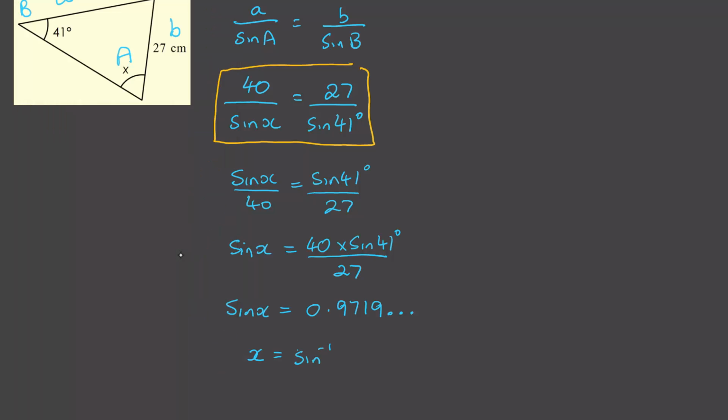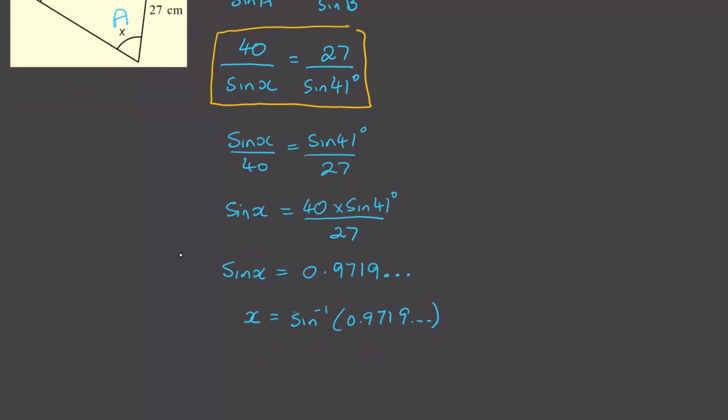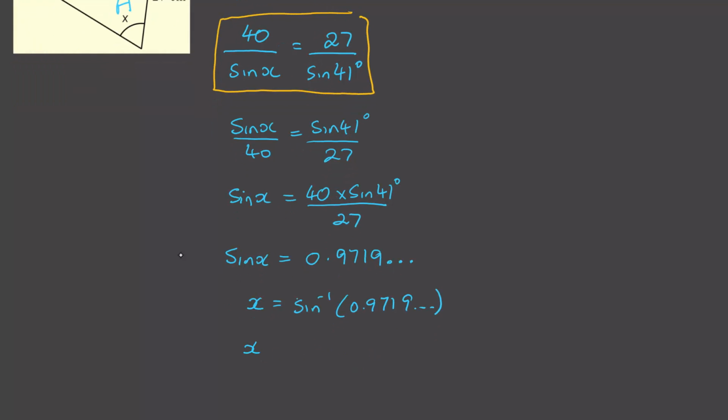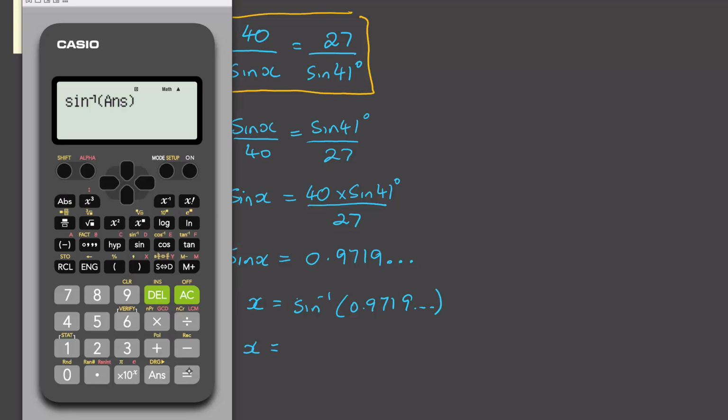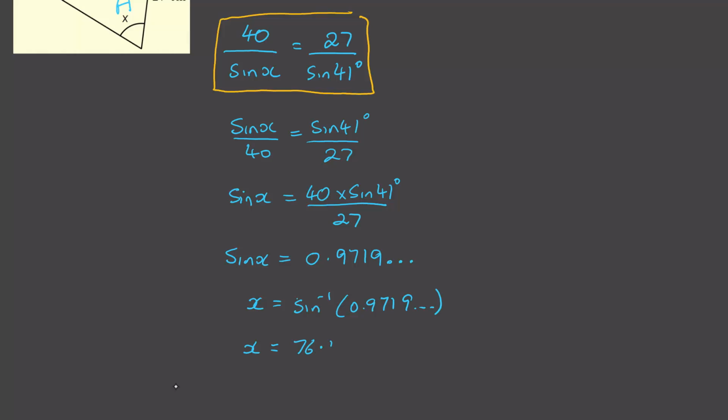So the inverse sine of 0.9719 and so on. And that is 76.4 degrees, correct to 1 decimal place.